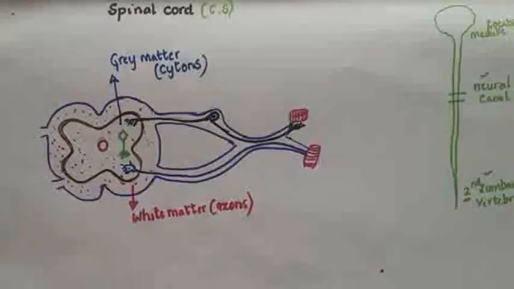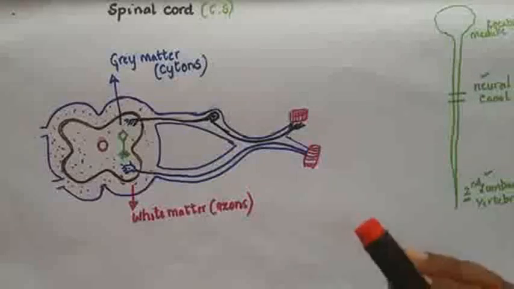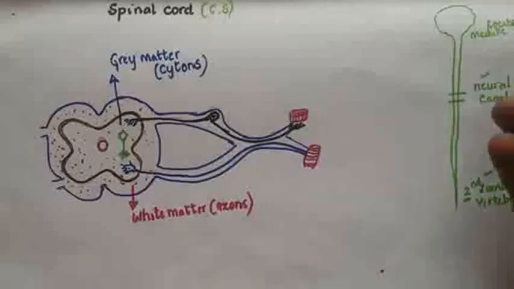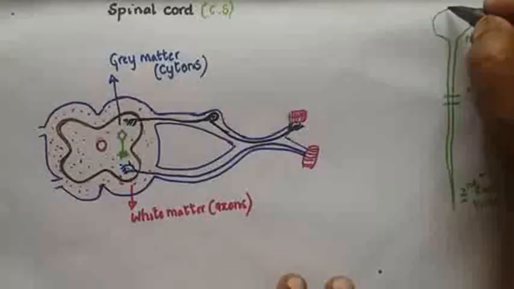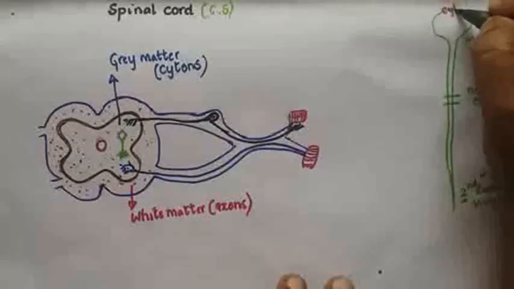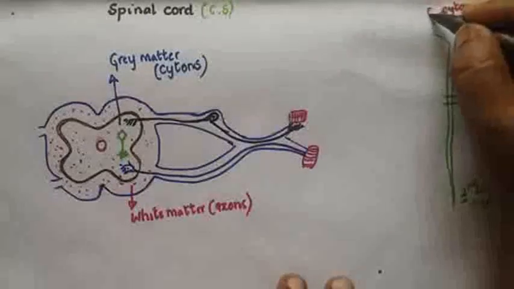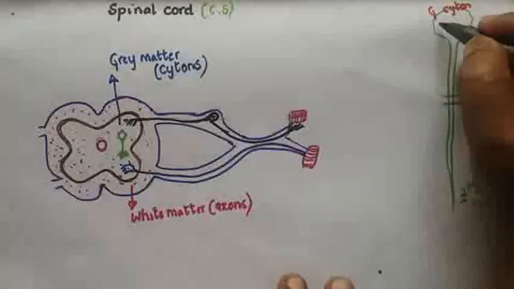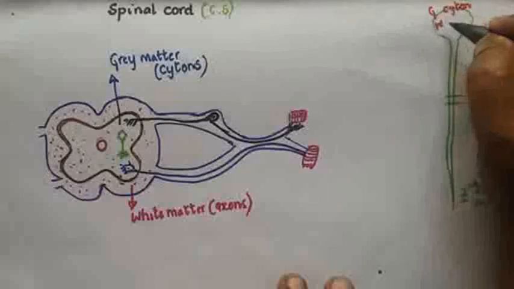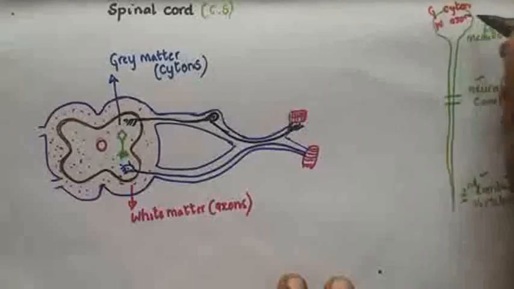Children, if you observe the arrangement of cytons and axons, it is reversed from that in the brain. If you remember, in the brain we learned that the outer gray matter contains cytons and the inner white matter contains axons.